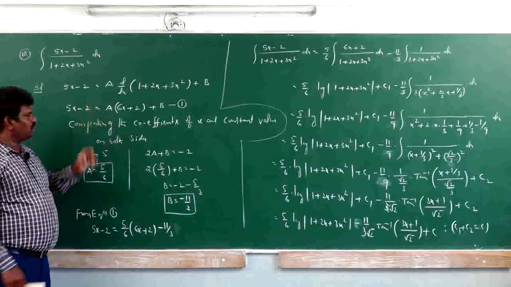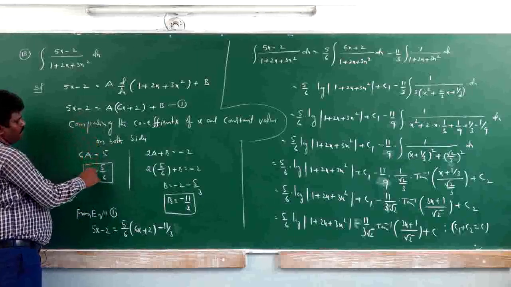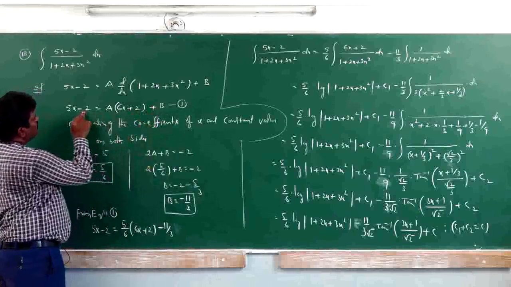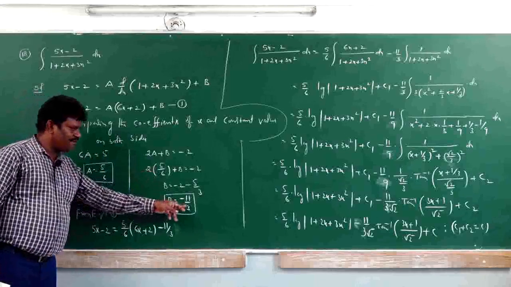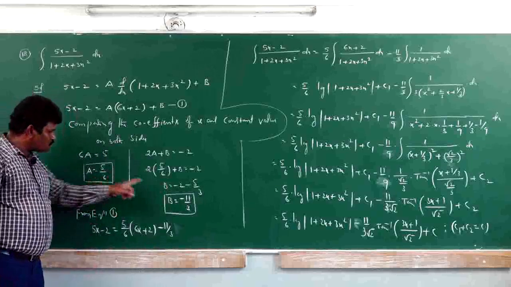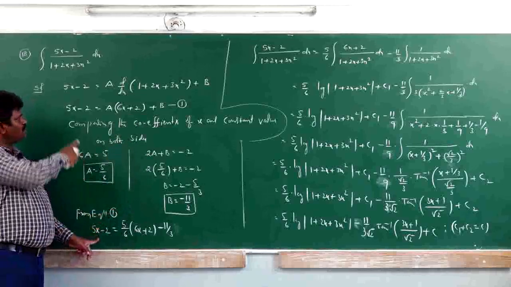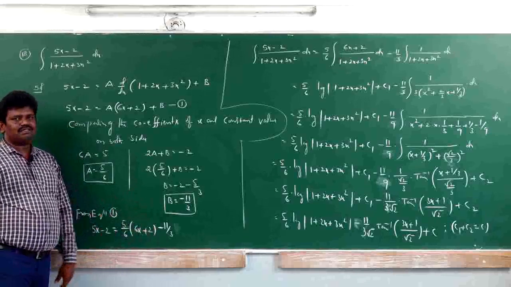Comparing, 6a is equal to 5, so a is equal to 5 by 6, and 2a plus b is equal to minus 2. Substituting the a value, we get b equal to minus 11 by 3. Now substituting these two values in equation 1, 5x minus 2 is equal to 5 by 6 into 6x plus 2 minus 11 by 3.